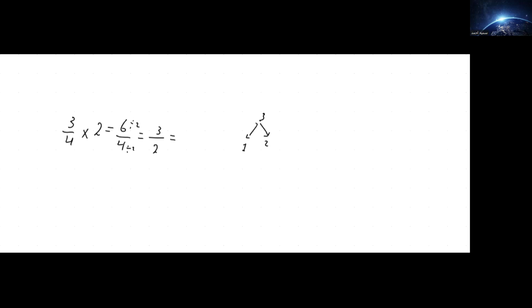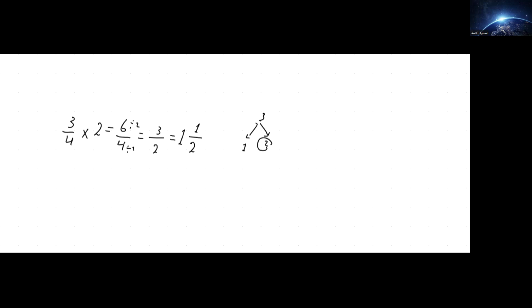This 2 over the denominator means 2 over 2. It gives me whole 1. And the remainder is written in the numerator and the denominator doesn't change. So 3/4 times 2 equals 1 and 1/2. This is our answer in the simplest form.